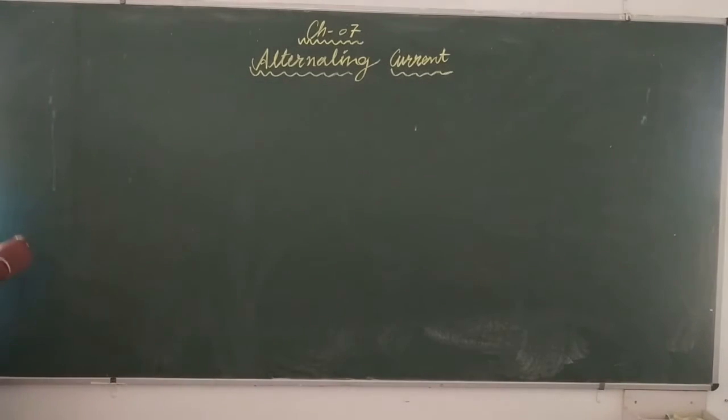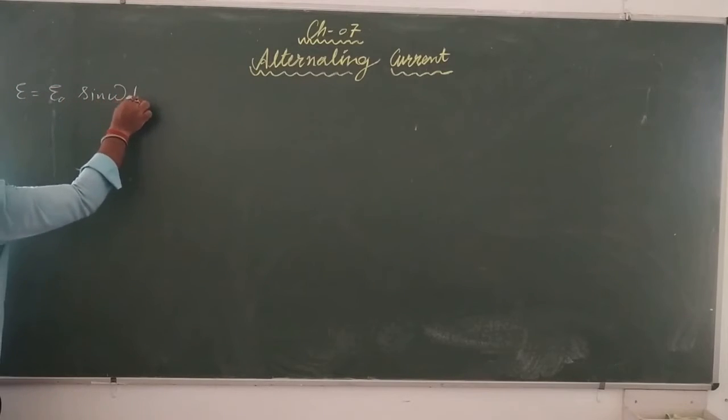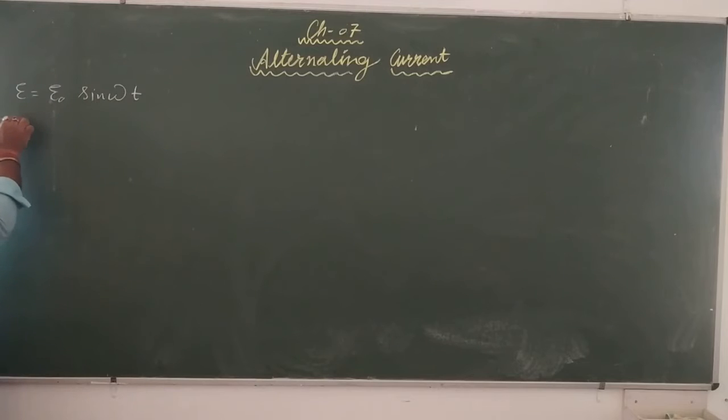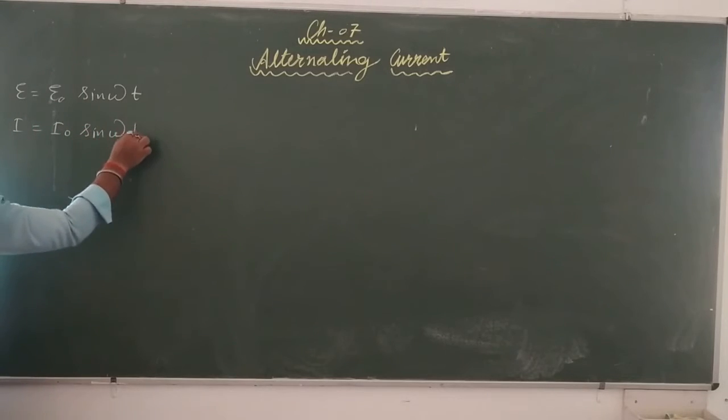Okay, so from the last discussion, EMF is equal to E naught sin omega t and I is equal to I naught sin omega t.